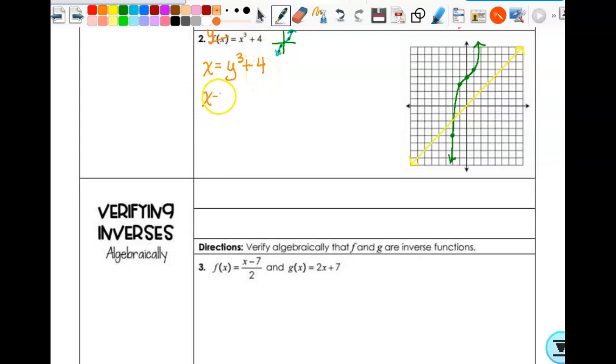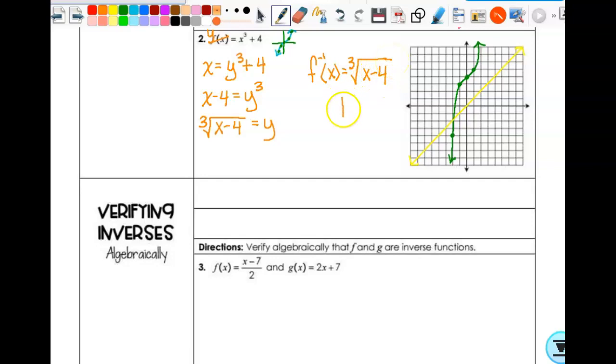So I subtract 4. And then how do I undo a cube? Cube root. So I'm going to take the cube root of both sides. Does it need a plus or minus? No. So that means my inverse function is cube root of x minus 4, just like that.